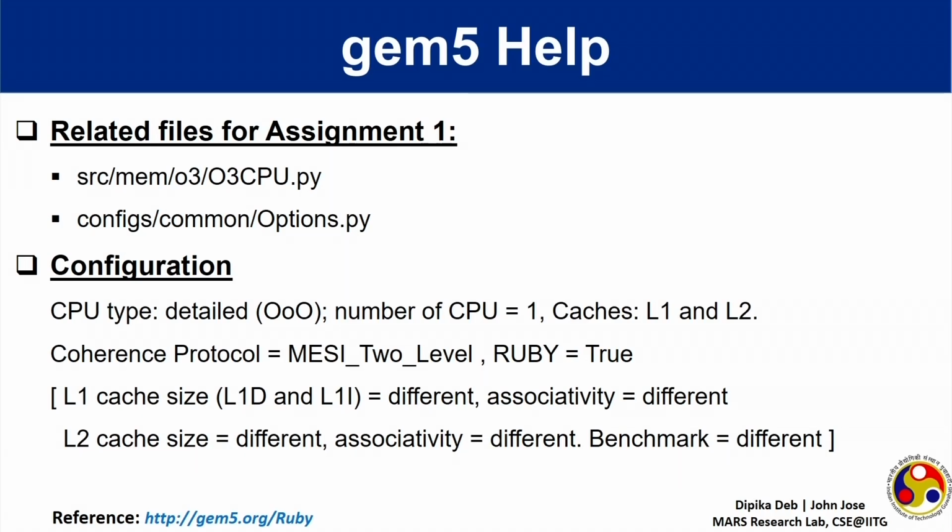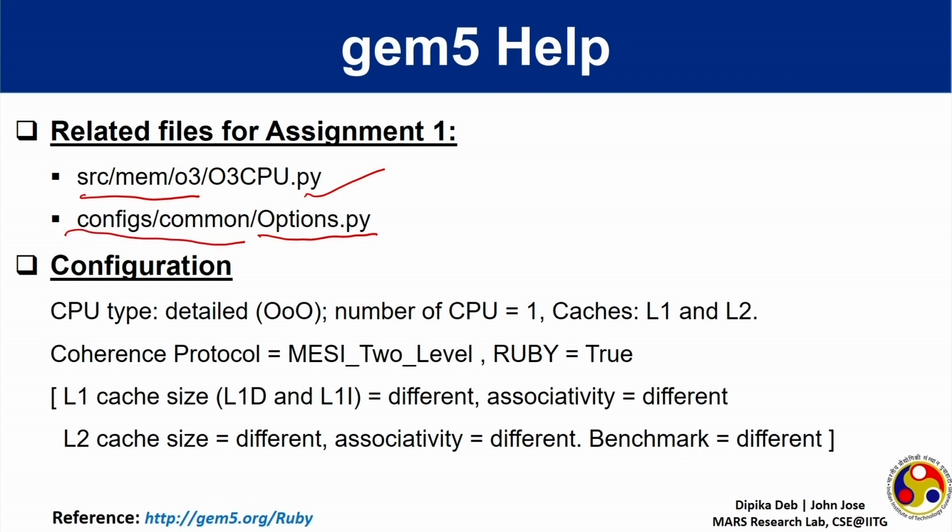The related files for assignment 1 can be found in this folder. This is the script where you need to make some parameter changes, and options.py contains the default values of L1 cache, L1 D cache, I cache, L2 cache and many more. You can find this in this path.